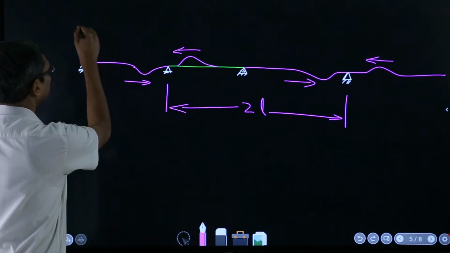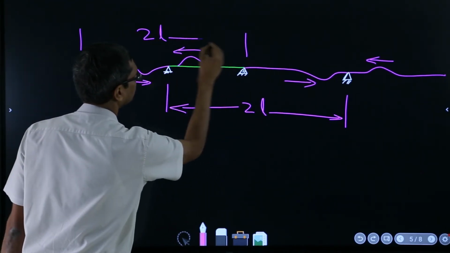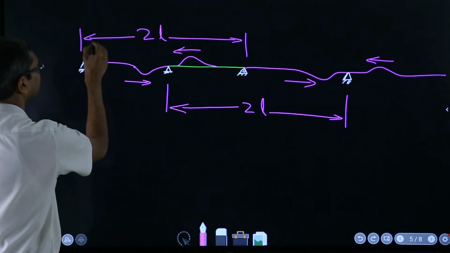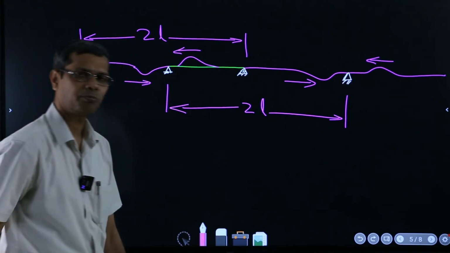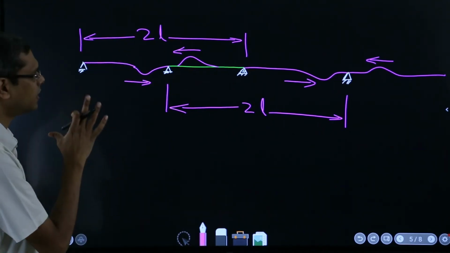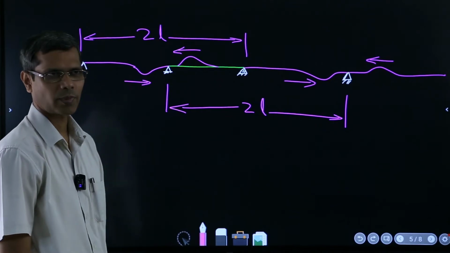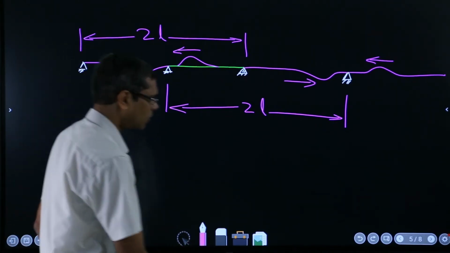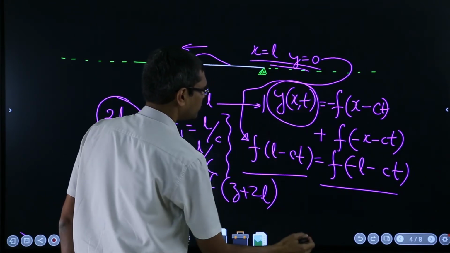If you think this part is okay with you, this is again also 2L. So this full thing is getting replicated there. The same function repeats every 2L length. That's the requirement for this also to be satisfied, which we got like this.